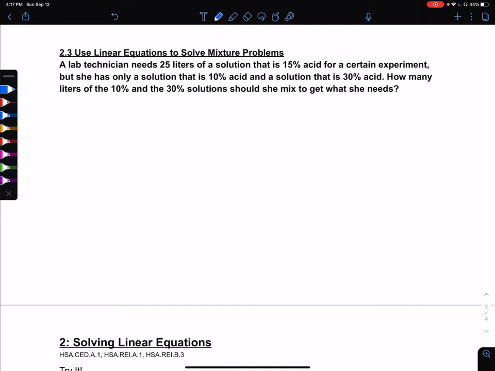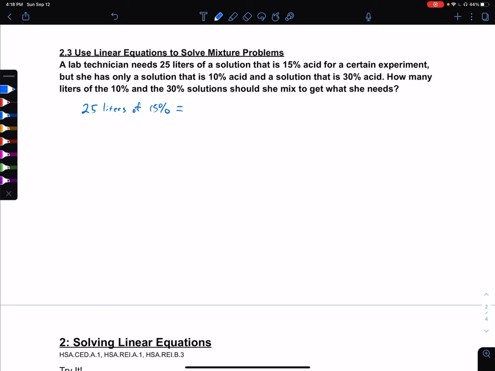All right, so let's come up with some type of equation. Well, we know that we need 25 liters of 15% solution. And that has to be equal to, we don't know how much 10% acid solution and we don't know how much 30% acid solution.